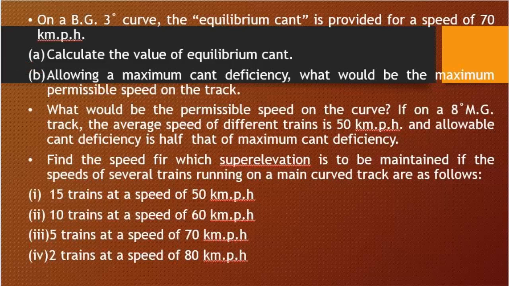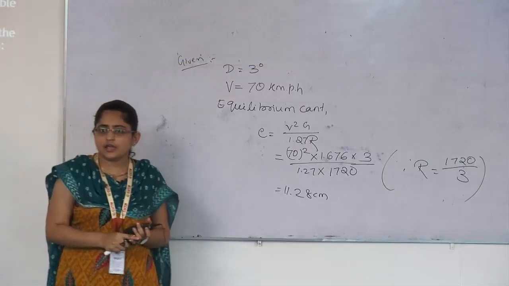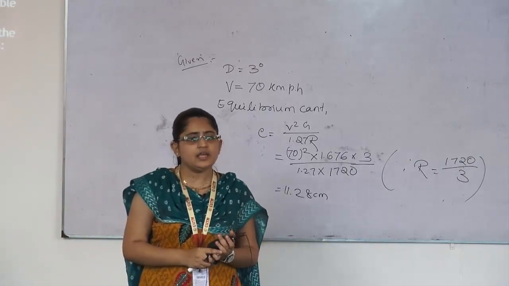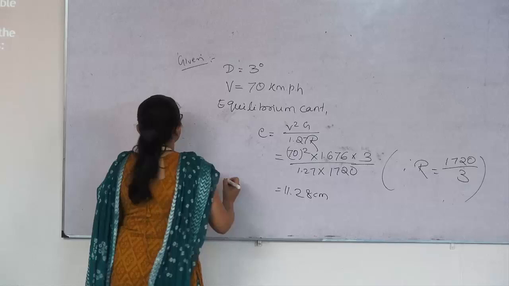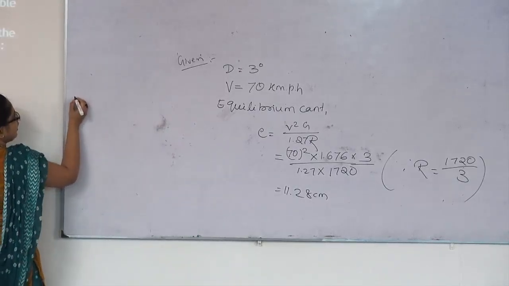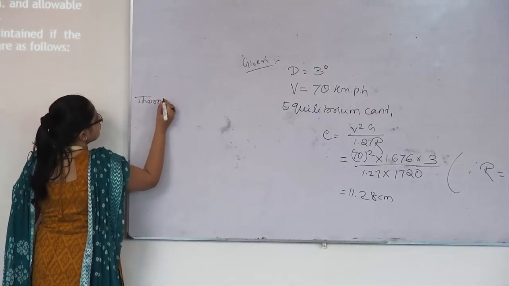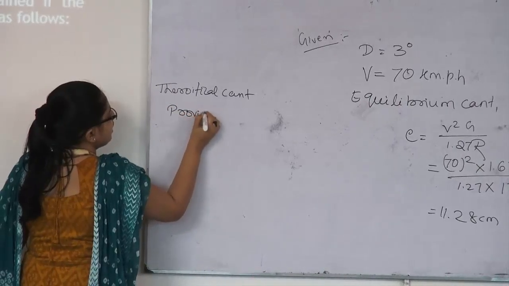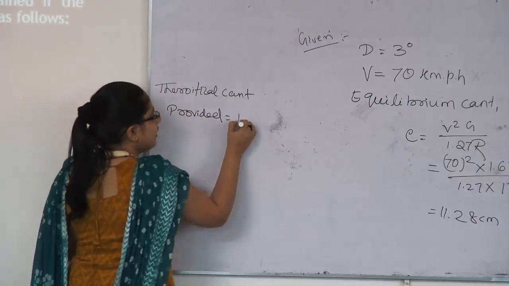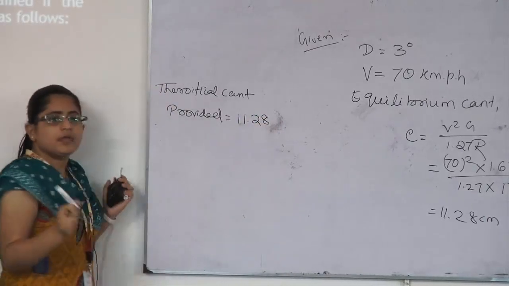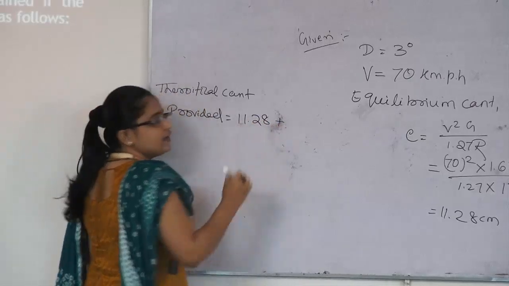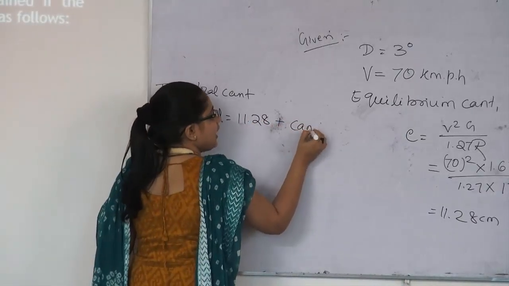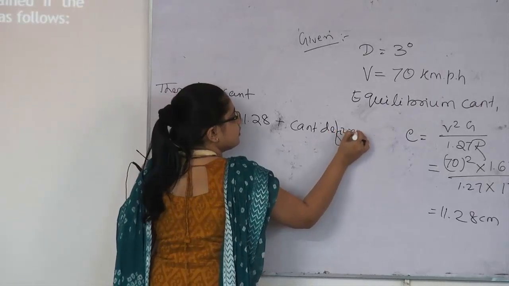First bit is over. Then next bit, allowing a maximum cant deficiency, what would be the maximum permissible speed on the track? So our second step will be finding out the theoretical cant provided. What is the theoretical cant provided? 11.28, that is your equilibrium cant, plus cant deficiency.